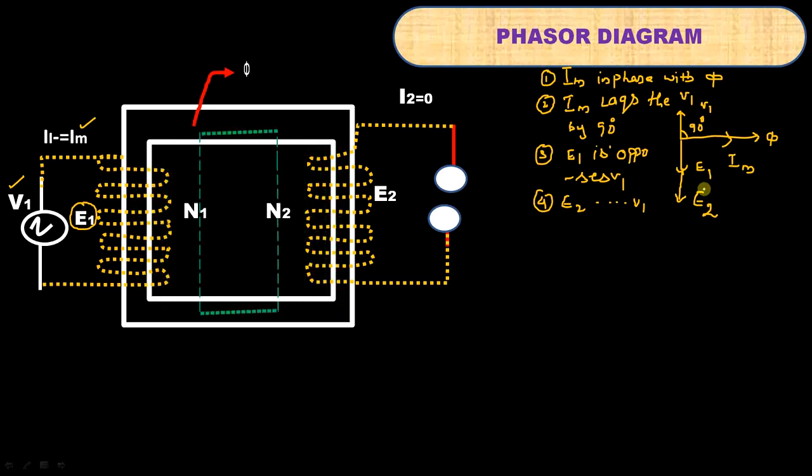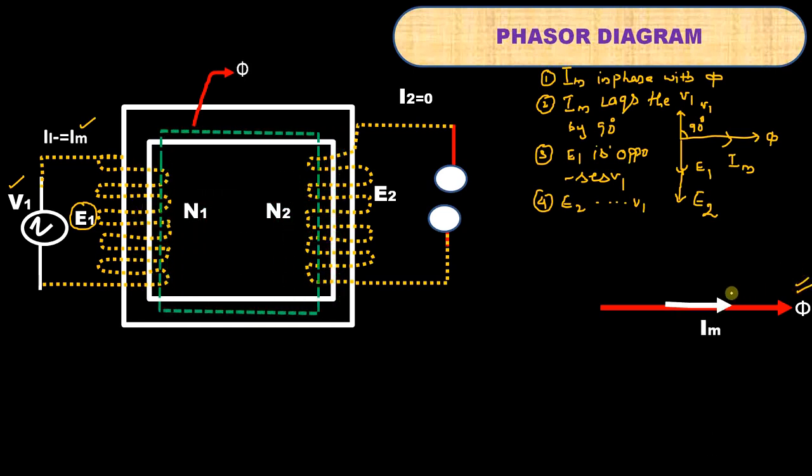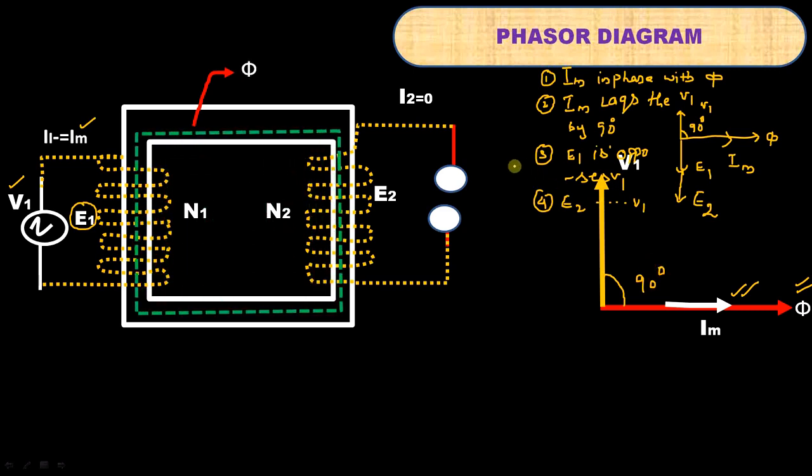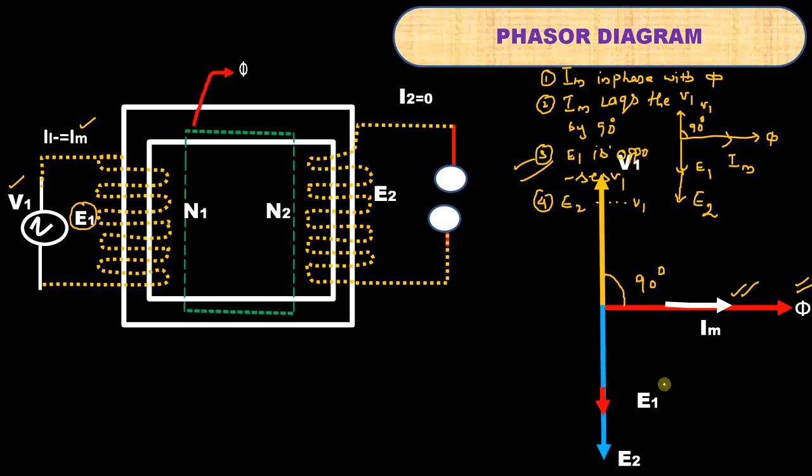For better understanding, I am showing another one. This is the flux phi, which is in phase with Im, and Im lags V1 by 90 degrees. The third point: E1 is in antiphase with, or opposes, V1, so it will come down here with equal magnitude.